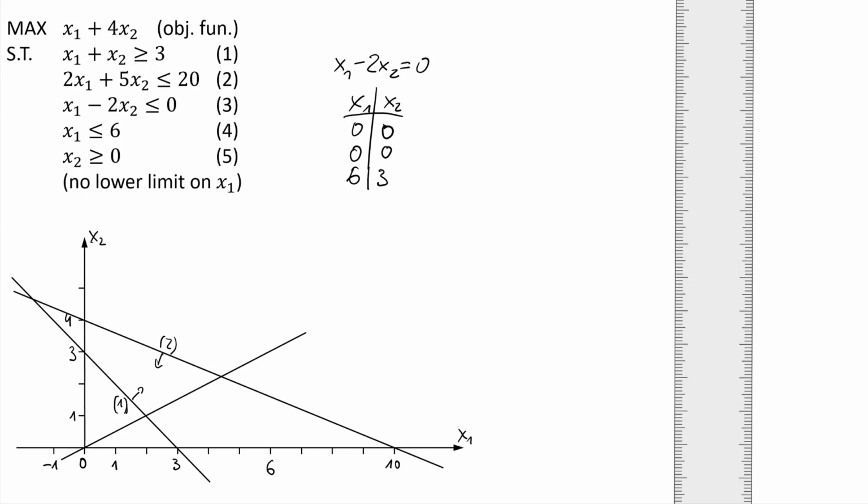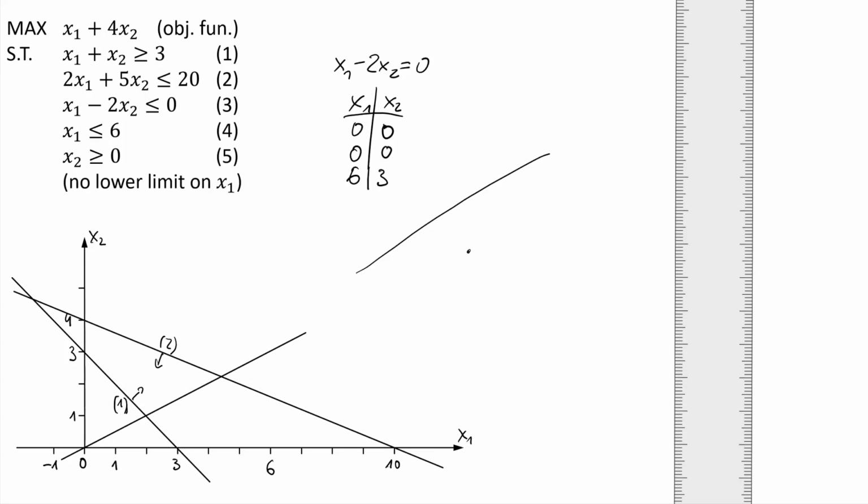Remember, every constraint which is less than or equal, or greater than or equal, every constraint of that form will have one of the sides feasible. So if this is the line, either this side will be feasible or this side will be feasible. And if one side is feasible, all points on this side are feasible, and all points on the other side are infeasible. So I can just test one of the points.